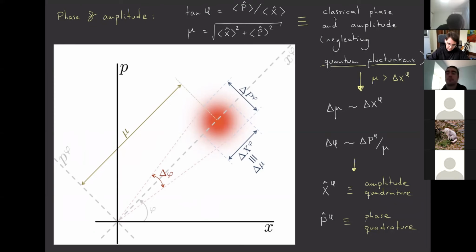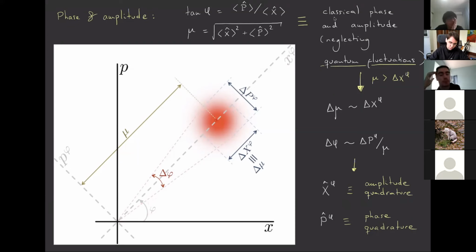And in particular, the location of this coherent state defines an amplitude, which is just the distance to the origin, and the orientation of this circle, or where it is in phase space, defines an angle, like a phase, which is phi, okay?